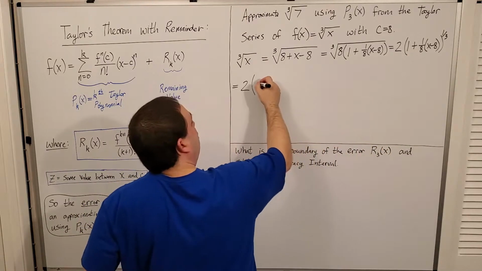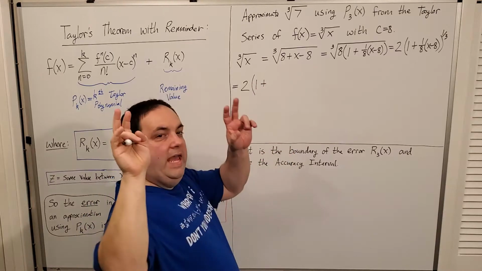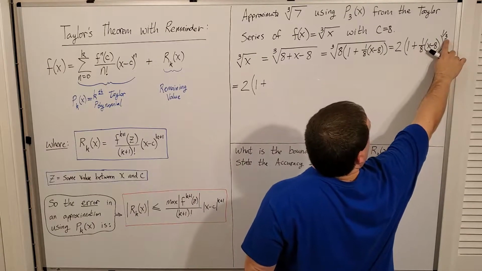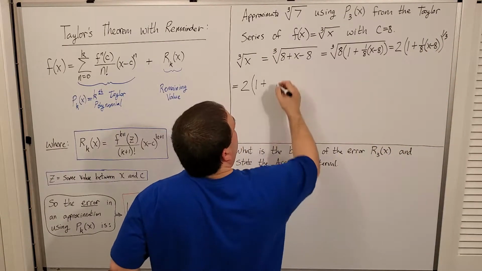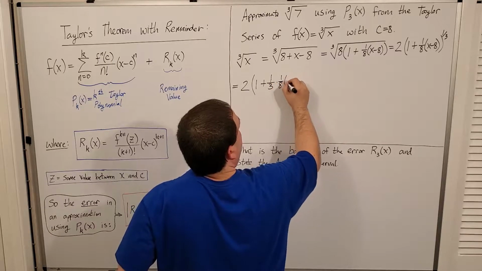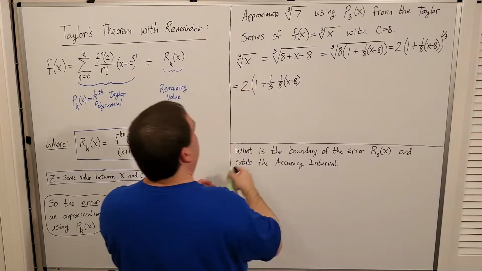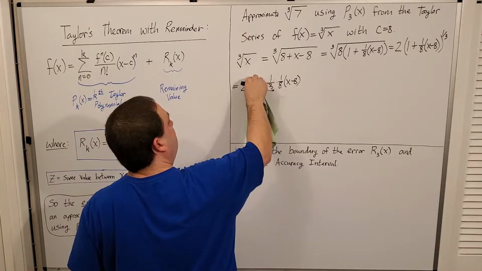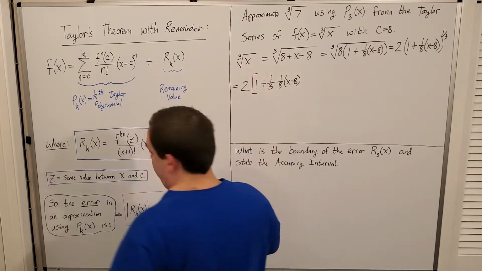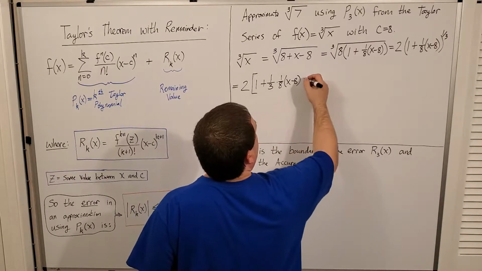Now, I've got my first term as 1 plus k times x, right? But k times whatever this is, my k value is 1 over 3. So I've got 1 over 3 times 1 over 8 x minus 8. You know what? I want to switch to brackets right here. Let's make it a little bit less confusing there. Okay.